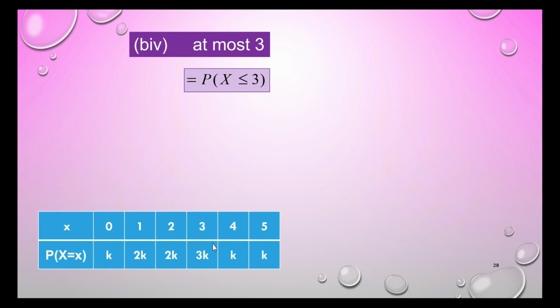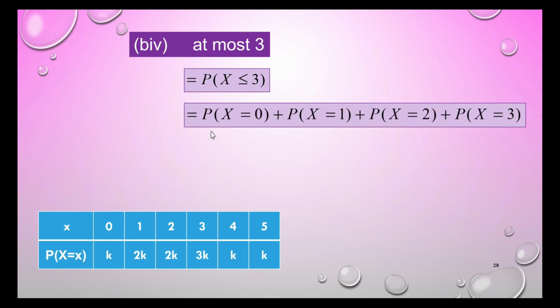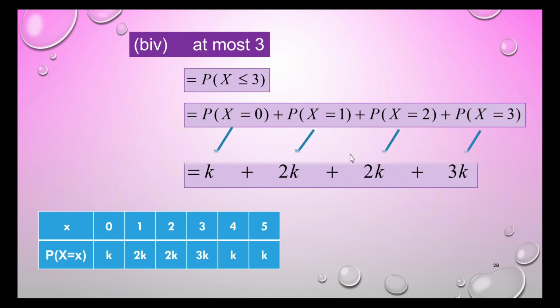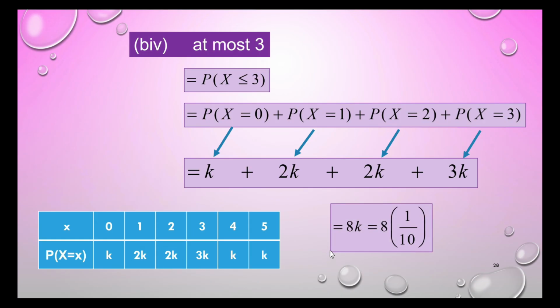Okay, from this table, we know that probability x less than or equal 3 is probability x equal 0 plus probability x equal 1 plus probability x equal 2 plus probability x equal 3. So we have k plus 2k plus 2k plus 3k, and we get 8k. We substitute k equal 1 over 10 and we simplify. We have the answer 4 over 5.